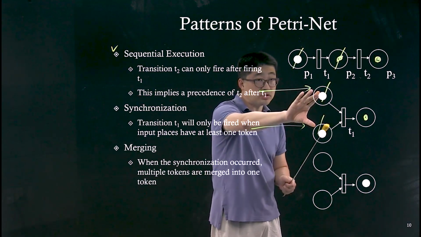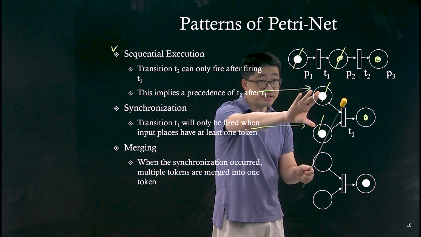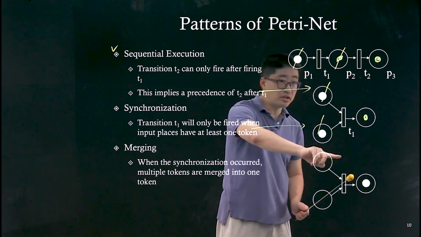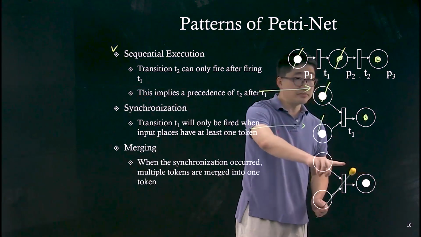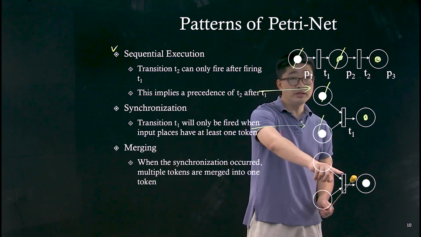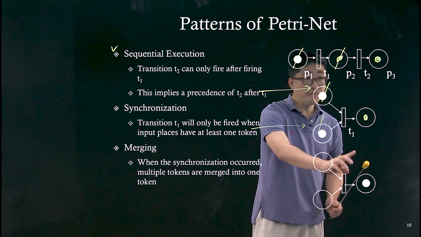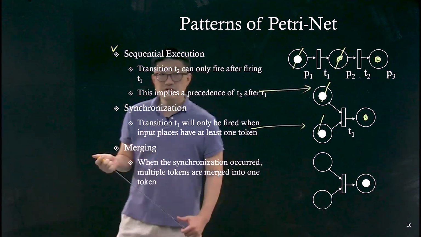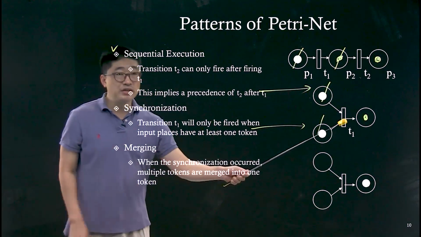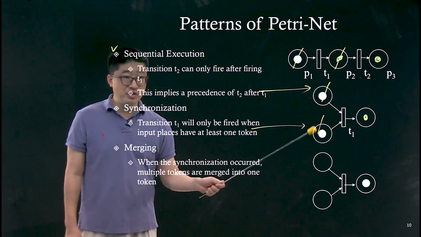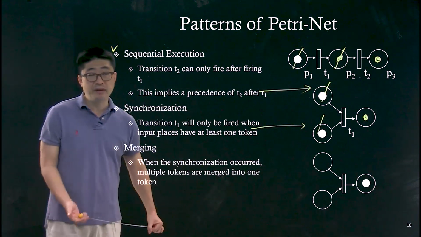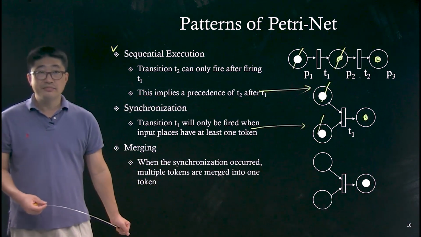However, these 2 tokens will be removed by the specification of the arcs going into the transition, and the arc going out from the transition specifies how many are output through this merge. So the tokens can be merged, and the transition will wait until it is ready. These are the typical design patterns of the Petri net.